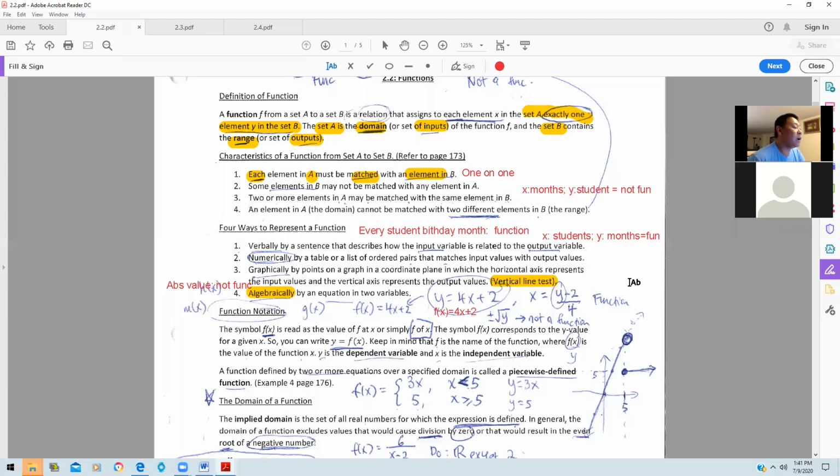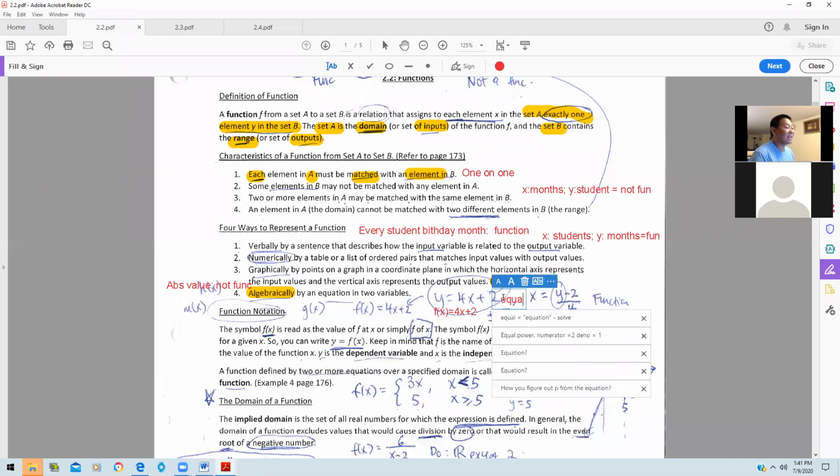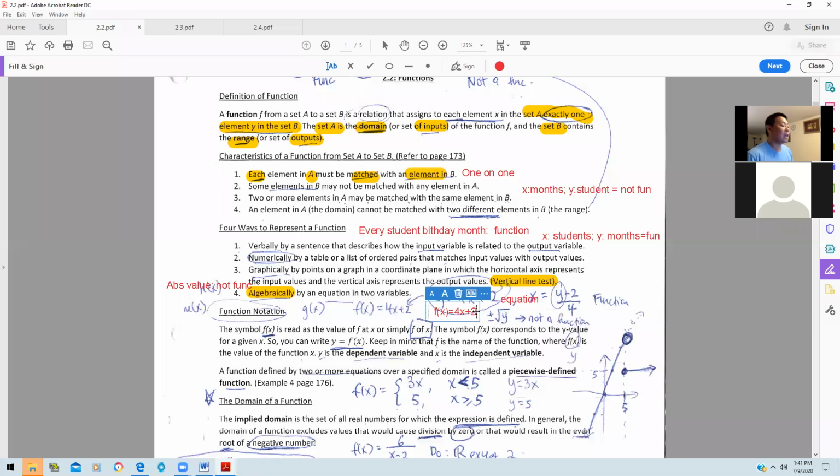What I want to point out to you guys is to read the question carefully. If I use y equals 4x plus 2, I call that an equation. And if I change it to f of x equals 4x plus 2, I call that a function. So sometimes when you do my homework or my test, read the instructions, because instructions sometimes say write the equation down.